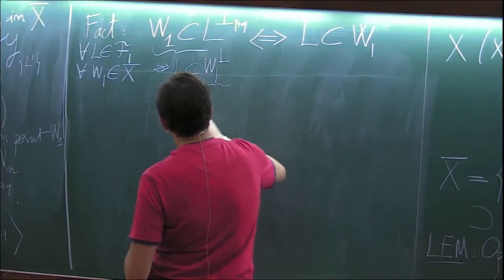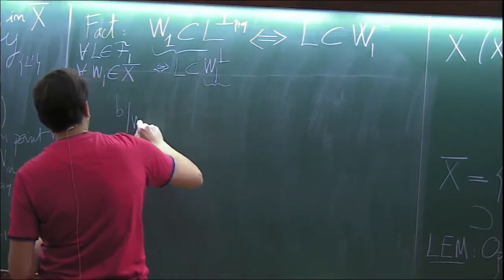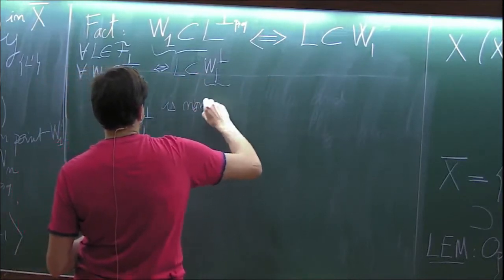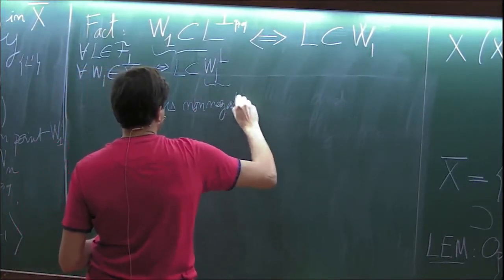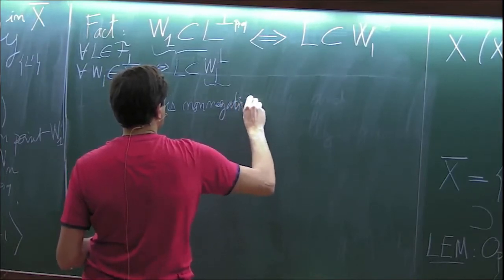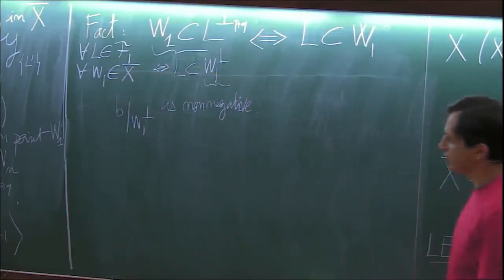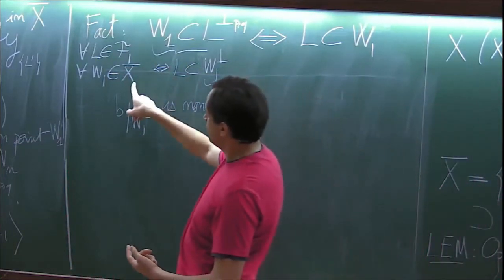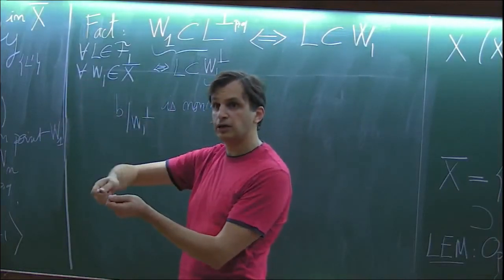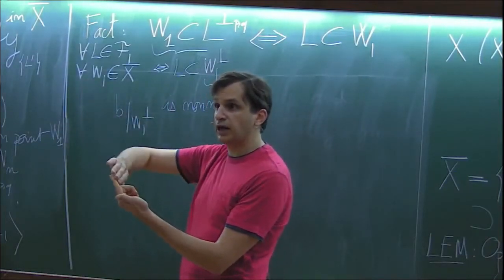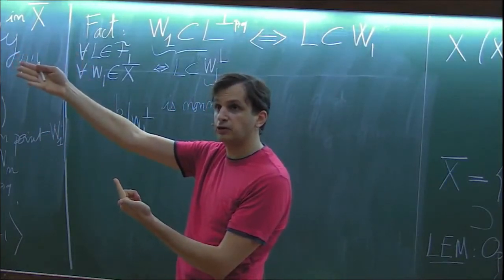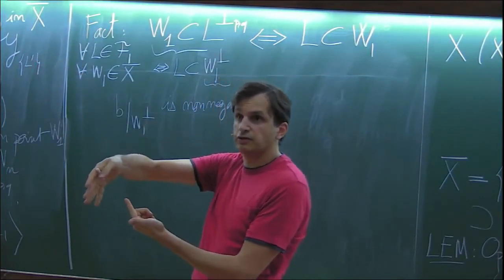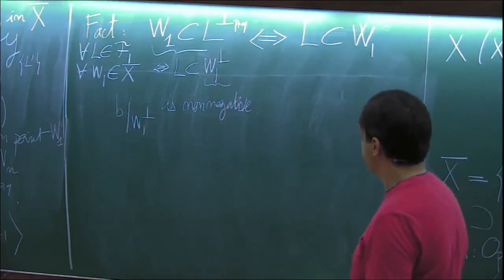And you can check that the quadratic form on W1 orthogonal is non-negative this way. There are different ways of checking this, but every element here is a limit of elements in X. For an element in X, the orthogonal of the line is positive definite, and when you go to the limit, you have something that is non-negative.